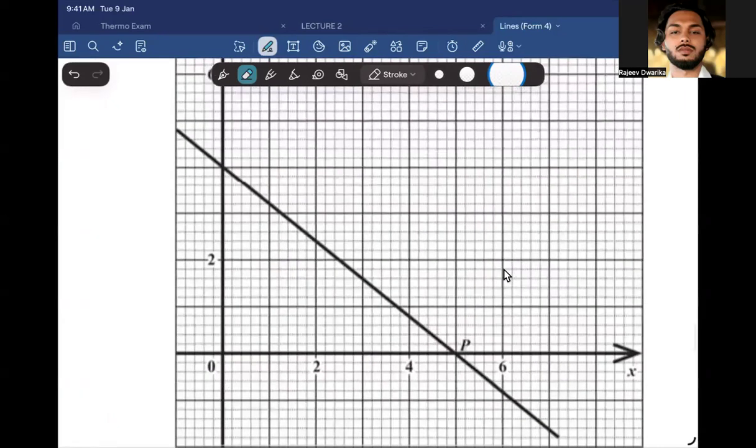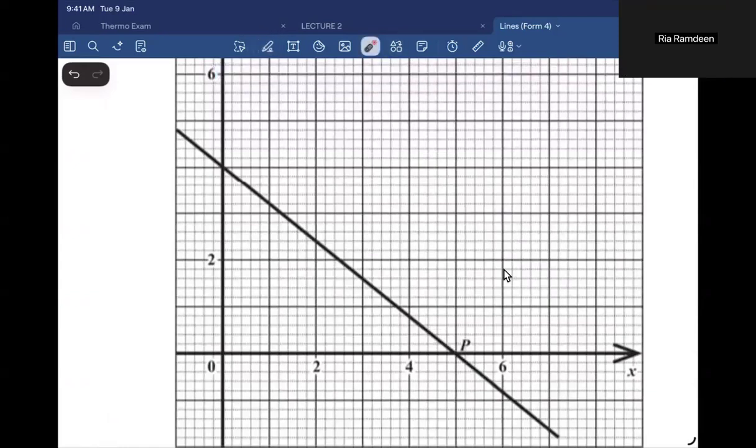Which points do you want to take? Can we take a point anywhere, or does the point need to be on the line? It would have to be on the line. So tell me 2 points to pick.